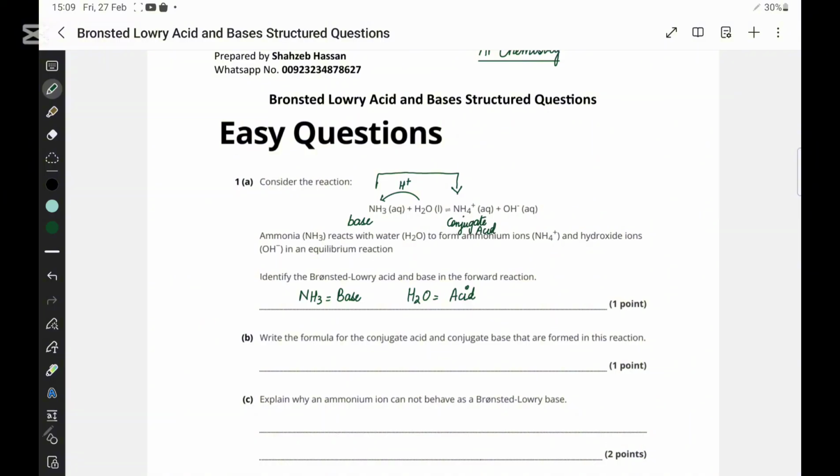And water is an acid there because it is donating a proton to ammonia, while the hydroxide ion, after water donates a proton to ammonia, is acting as a conjugate base.